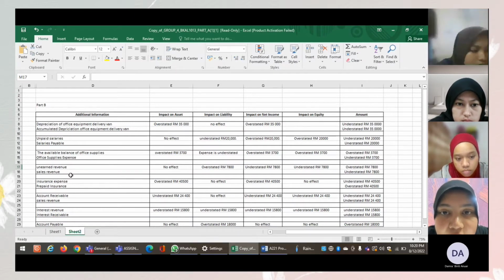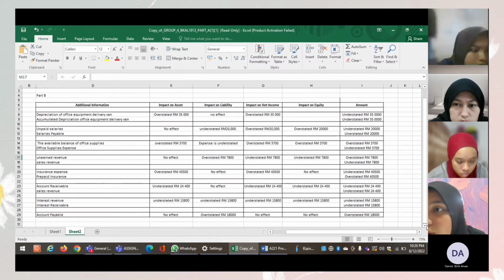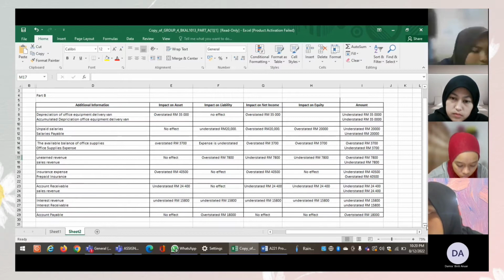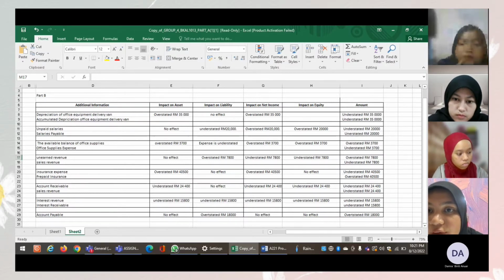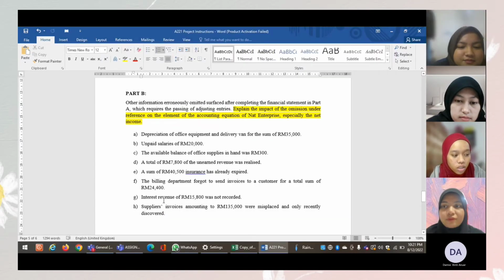Next, the impact on liability is overstated 7,800, and impact on net income is understated 7,800, while impact on equity is understated RM7,800. Okay, for E, a sum of 40,500 insurance has already expired.